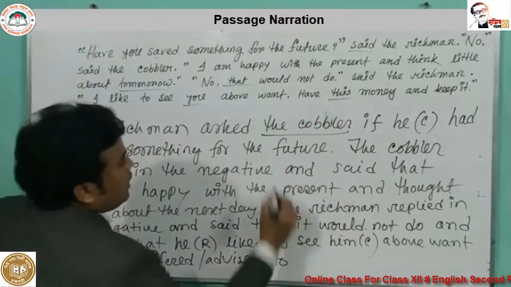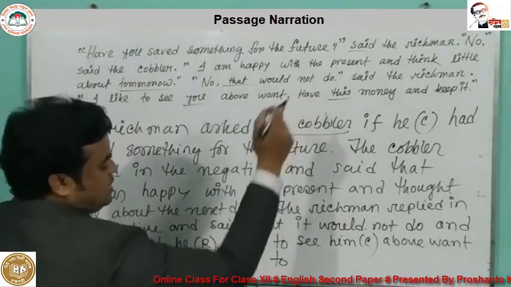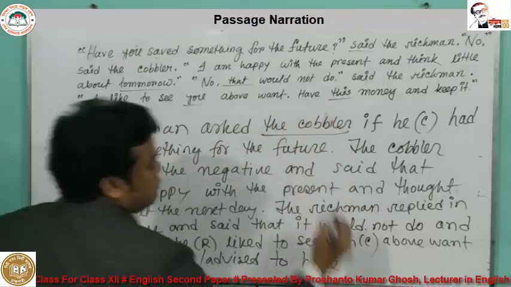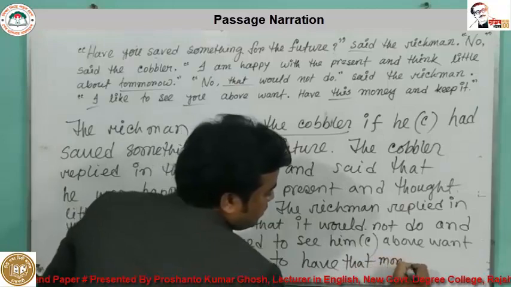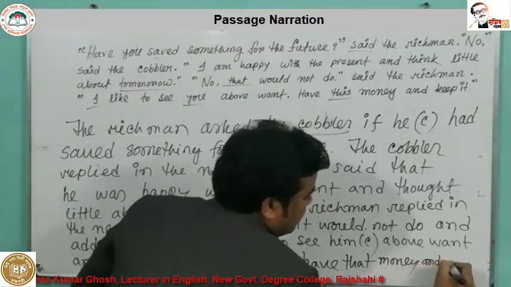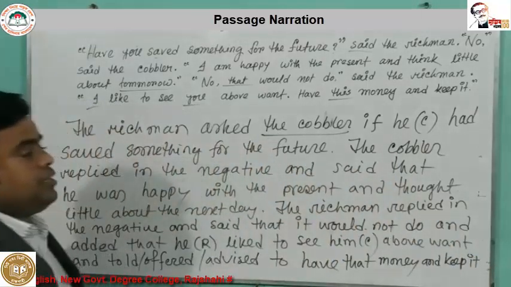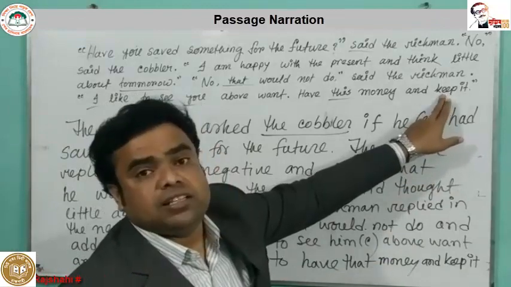Advised to have this money, instead of the inverted comma in an imperative sentence, and to keep it. Some of you may think that keep will be changed into kept.